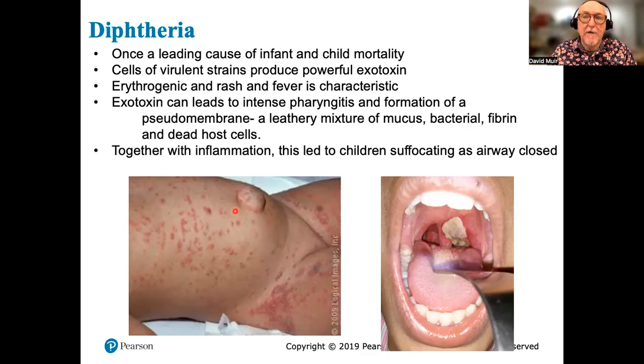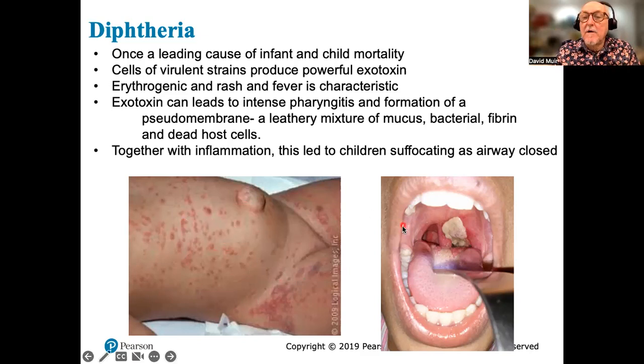It was absolutely dreaded. And the reason for that is this. First of all, this is the result of the exotoxins being released and causing this rash with a very high fever, which itself could be dangerous in infants.